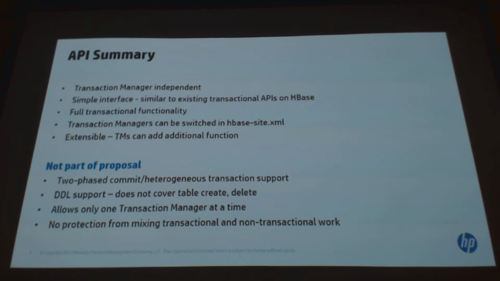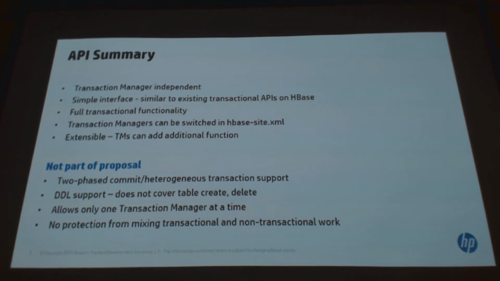So, this is supposed to be summarizing the basics of the API. You notice I still haven't got into any specifics at all. We want the API to be independent of the transaction manager. That was one of the key features, that you'd be able to use it and not worry about which transaction manager you were coding to.